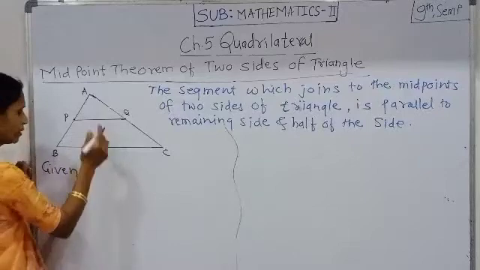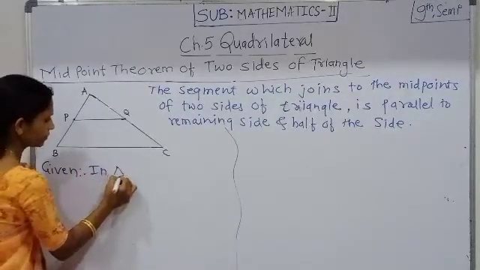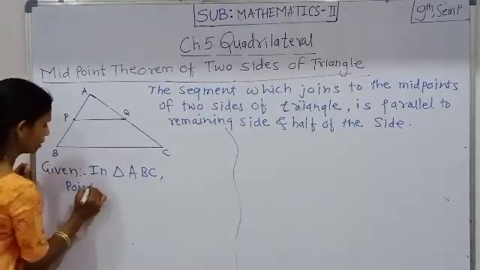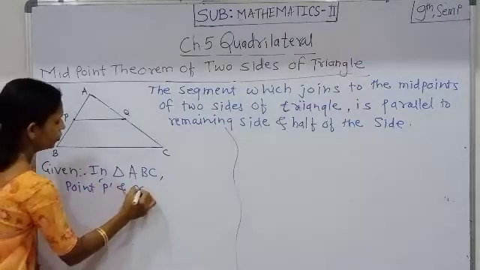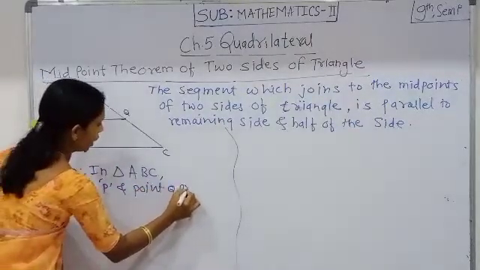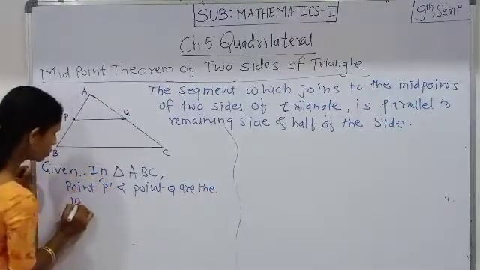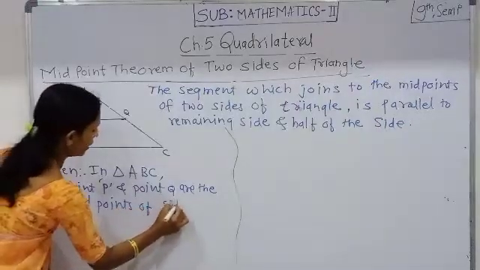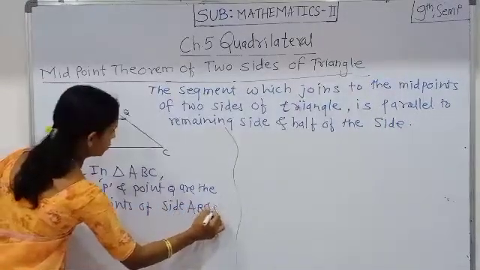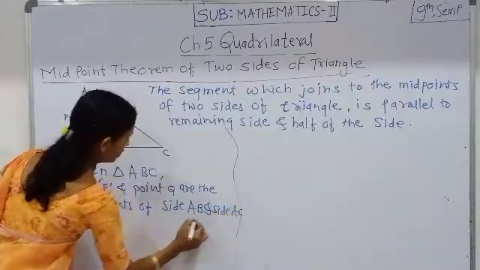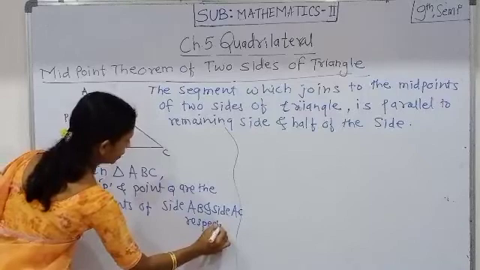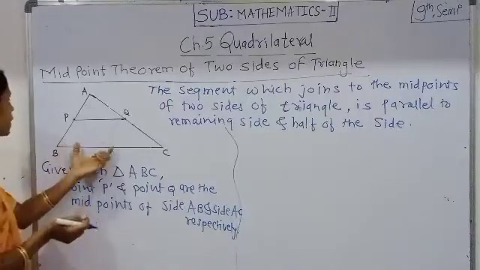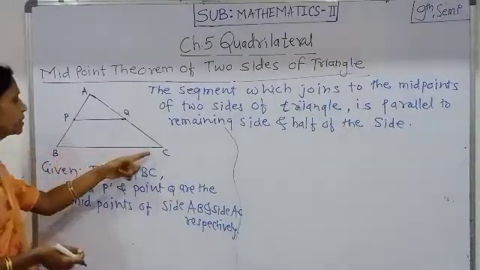Then we write the given: in triangle ABC, points P and Q are the midpoints of side AB and side AC respectively, and the remaining side of the triangle is BC.